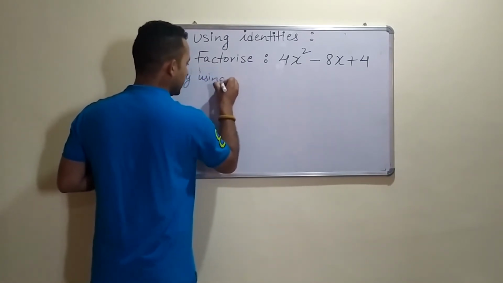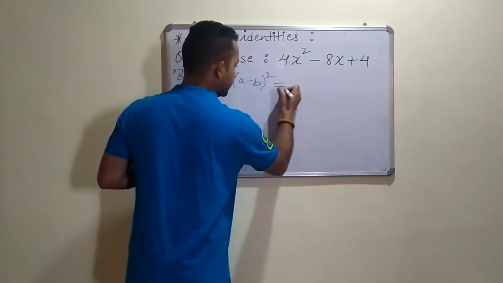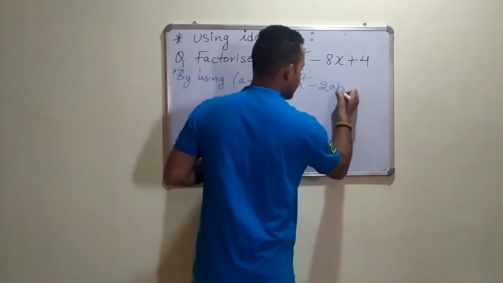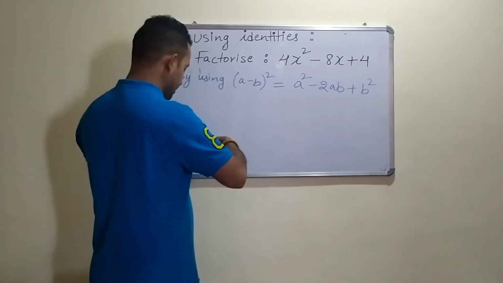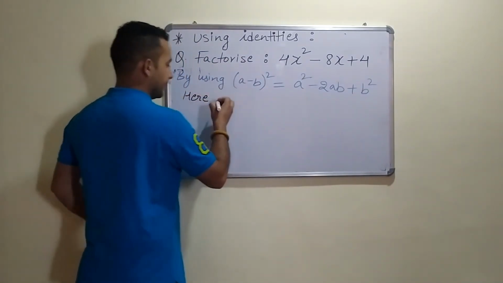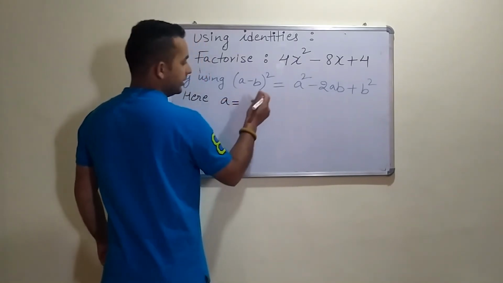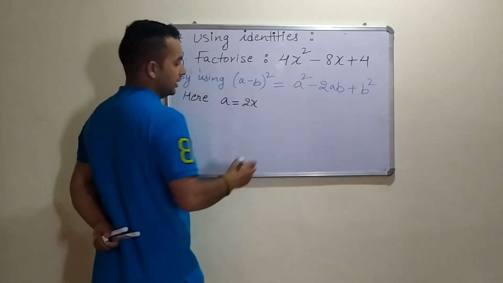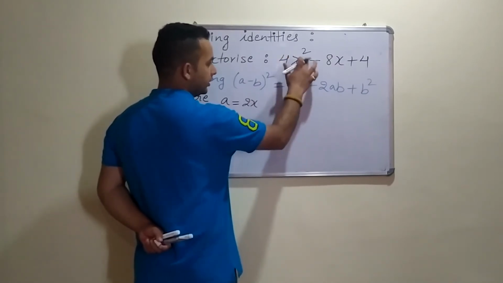So by using a minus b whole square, that is a square minus 2ab plus b square, here a is equal to 2x, because here you have 4x square.